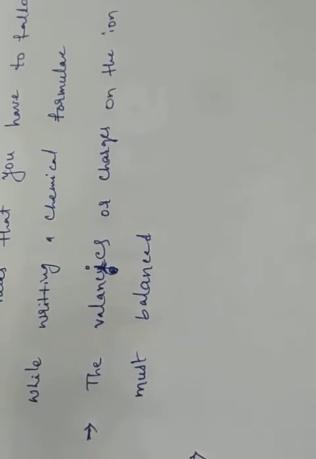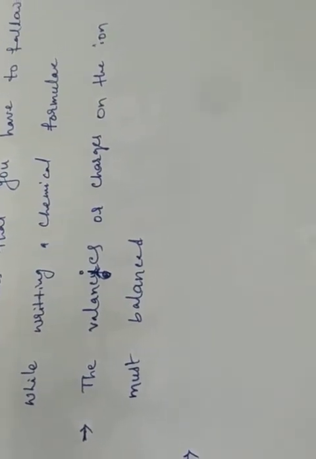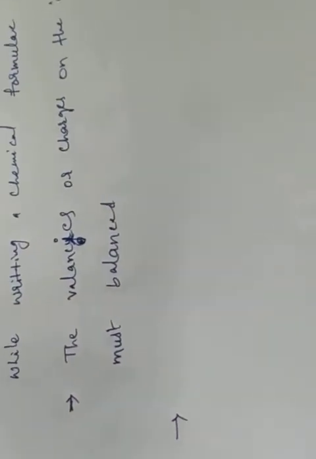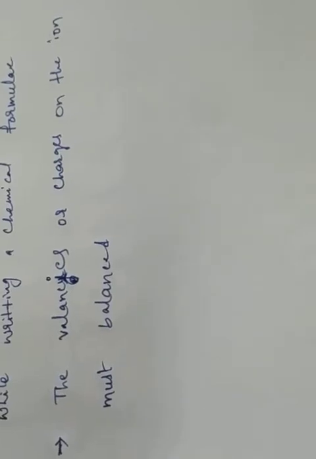And the second one is when a compound consists of a metal and a non-metal. Suppose any compound having metal and non-metal, for example sodium chloride. Sodium chloride is a compound. NaOH, sodium hydroxide, is also a compound. Calcium oxide is also a compound. These compounds are formed by a metal atom and a non-metal atom.